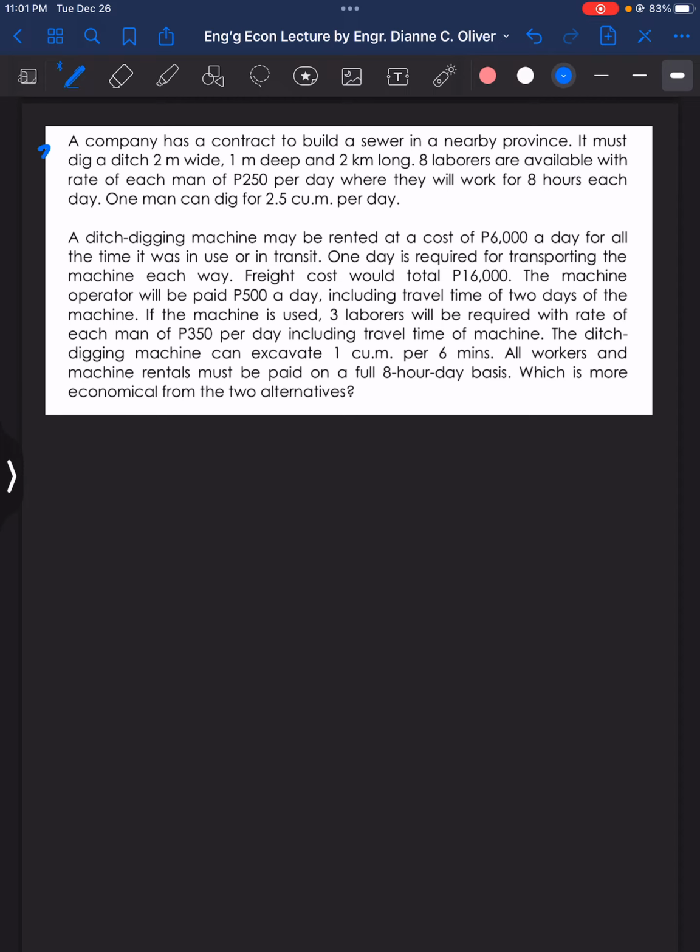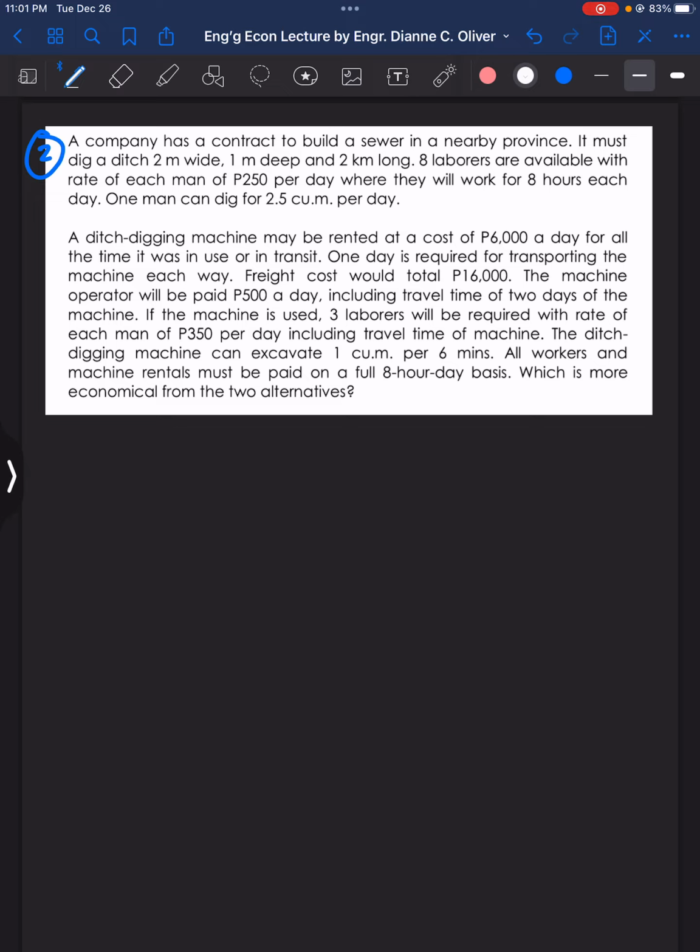And let's go to problem number 2. A company has a contract to build a sewer in a nearby province. It must dig a ditch 2 meters wide, 1 meter deep, and 2 kilometers long. 8 laborers are available with rate of each man of 250 pesos per day, where they will work for 8 hours each day. 1 man can dig 2.5 cubic meters per day.